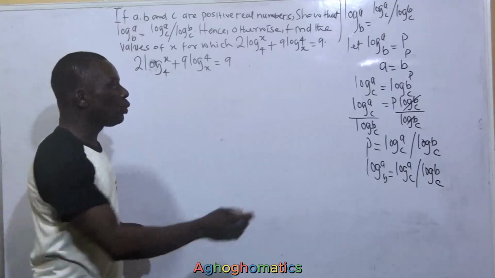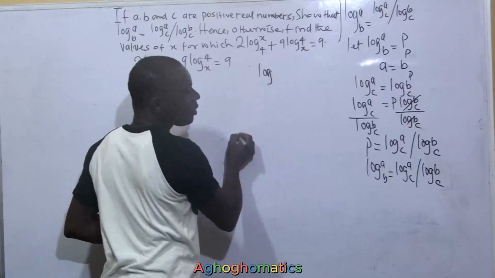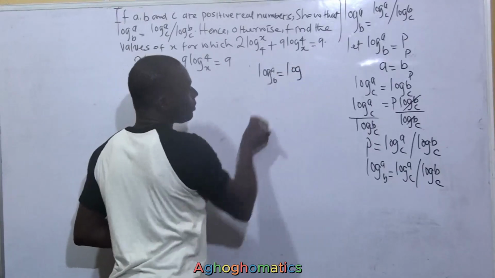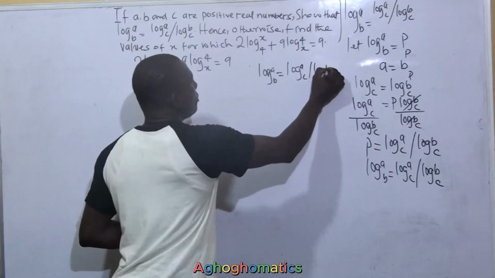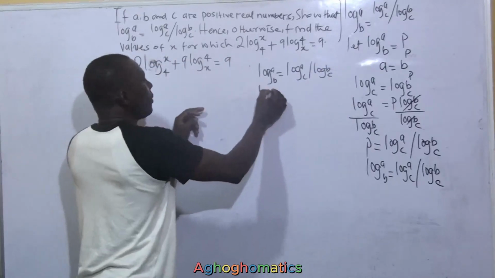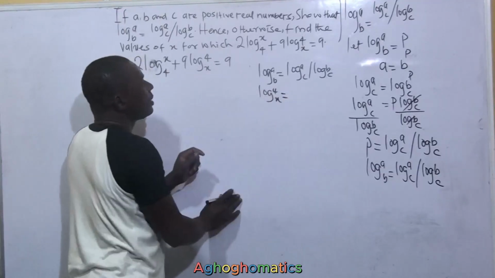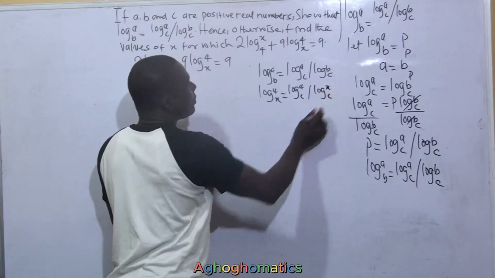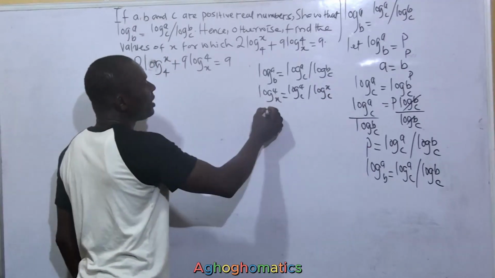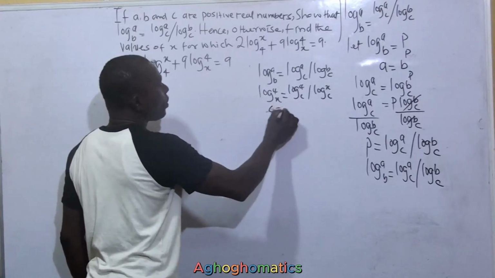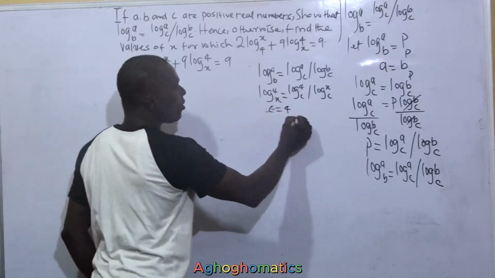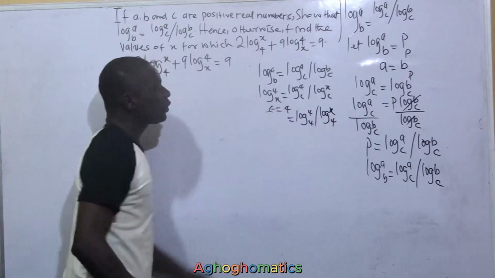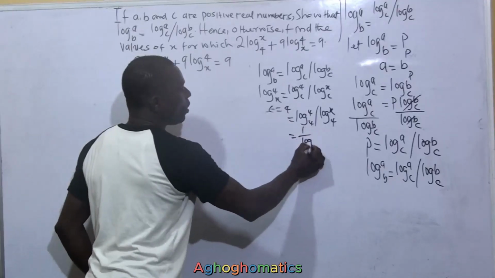Remember that log A to base B is log A to base C divided by log B to base C. Looking at log 4 to base x, this is log 4 to base C divided by log x to base C. In this case, if we decide to let C be equal to 4, this becomes log 4 to base 4 divided by log x to base 4, so that this logarithm becomes 1 over log x to base 4.